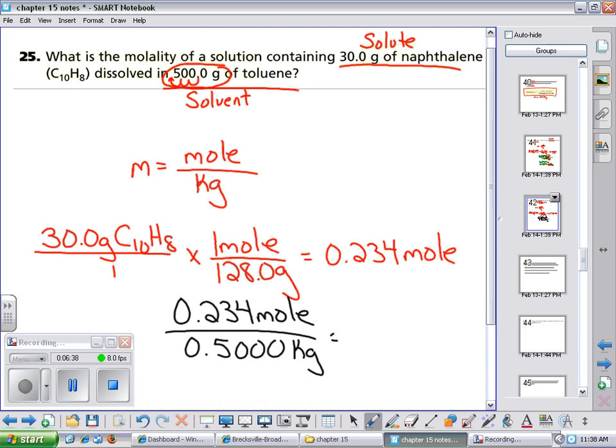So 0.234 divided by 0.5000, and you get 0.468 molals, or if you like, moles per kilogram. So it's up to you which one of those units you're more comfortable with, because they don't cancel out, so it's easy to say what that unit's going to be.